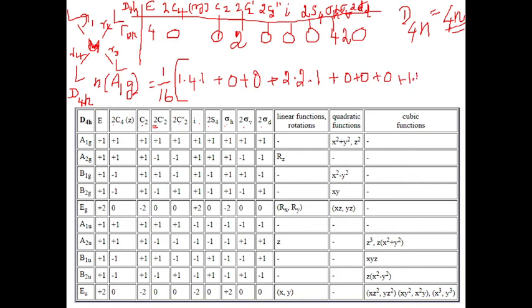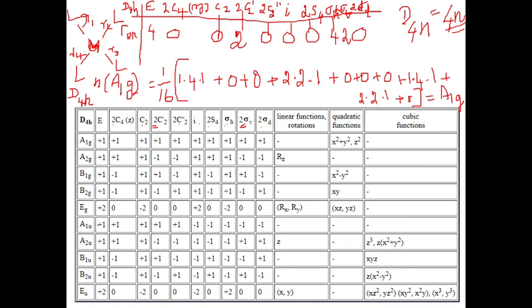So 1 into 4 into 1, plus sigma v, what is the coefficient? 2. So 2 into 1 plus 0. So this is my A1g. So 4 plus 4 is 8, 8 plus 4 is 12, 12 plus 4 is 16. So it is 1 A1g. So I am getting 1 A1g.